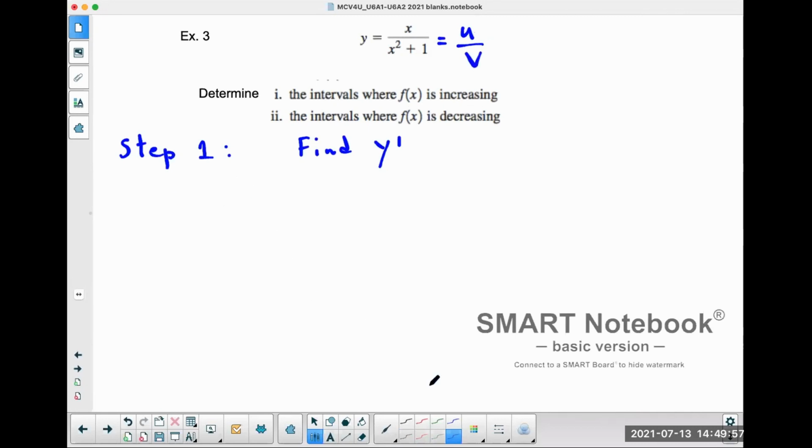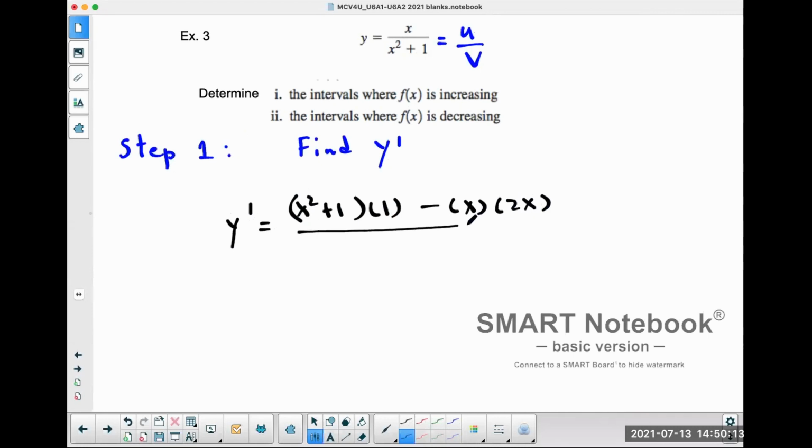So I need to apply the quotient rule. We've been doing this for a while, so I'm not going to write out all the detailed steps. So y prime is equal to bottom times the derivative of the top minus the top times the derivative of the bottom, all divided by bottom squared.